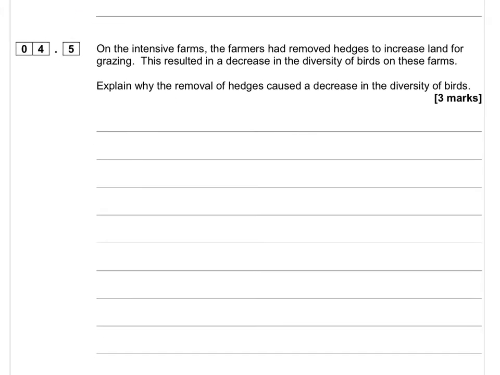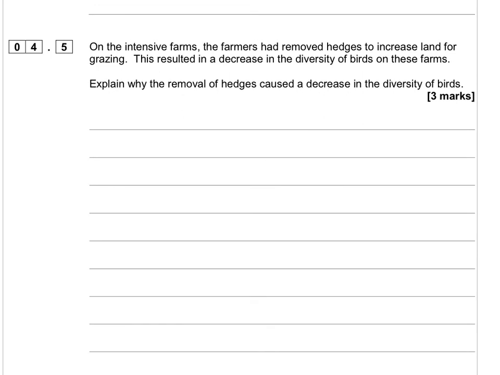Question 4.5, it says, on the intensive farms, the farmers had removed the hedges to increase land for grazing. This resulted in a decrease in the diversity of birds. It says, explain why the removal of hedges causes a decrease in diversity of birds. And it's 3 marks, so it's related to biodiversity.